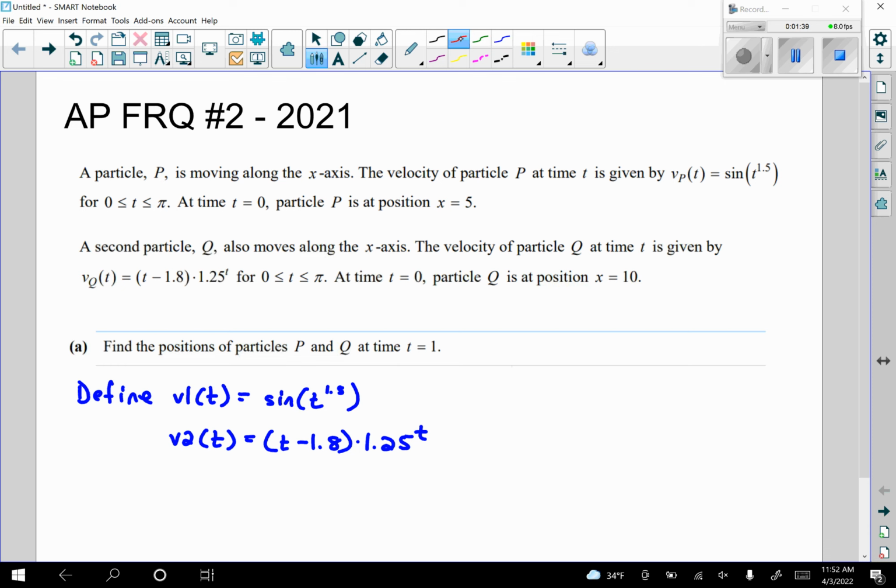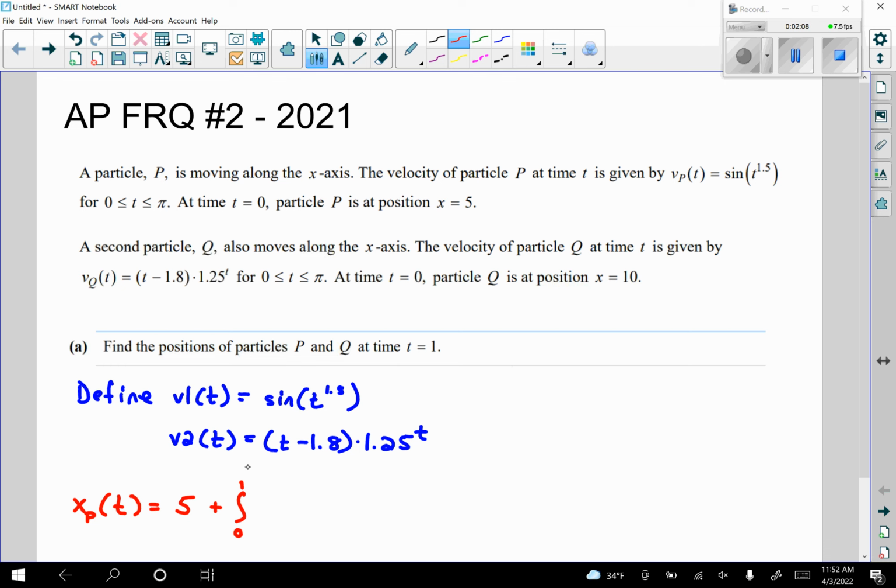All right, so one thing the graders are going to want to see is that for positions, we'll call them x, since they're using x here, we'll say x sub p of t is going to equal, that's going to be the position. So right now, the position at time t equals 0 is already starting at 5. So we need to keep that 5, and then we're going to add how it's going to move. So then we want to add the integral from 0 to 1, because we're just going at time t equals 1.